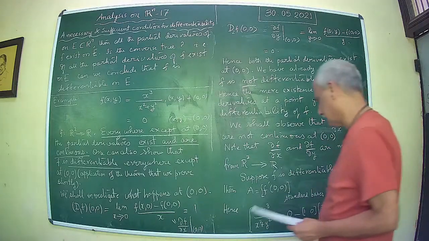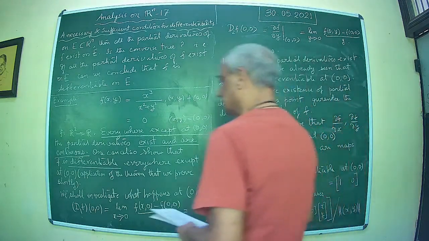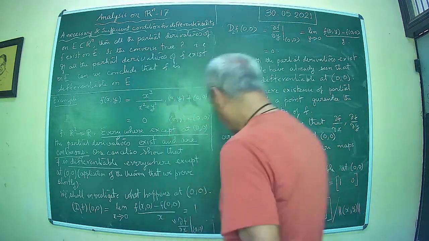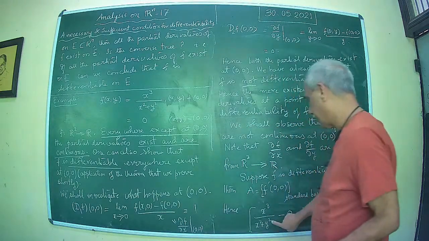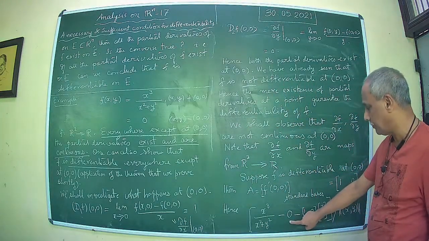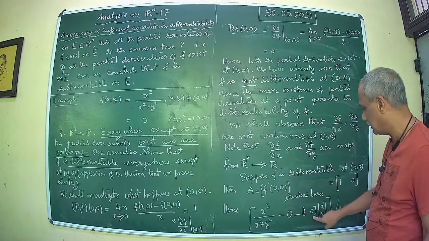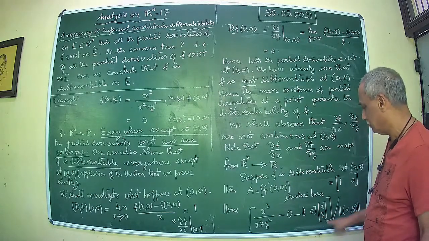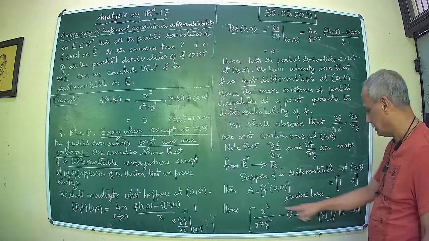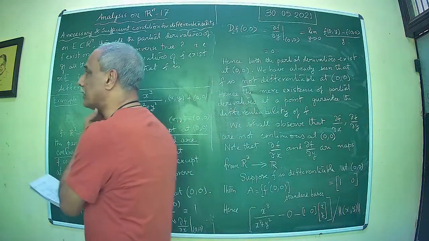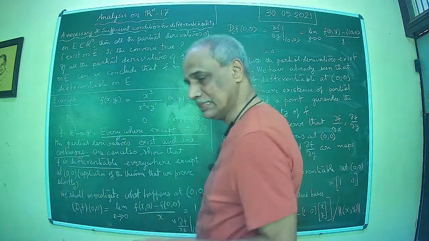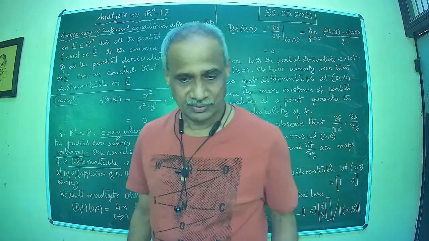What happens to this? This is essentially, if you just recall, nothing but f of xy minus f of 0, 0 minus a of the point h. Okay? h is the increment. So we are taking this. We investigate this.